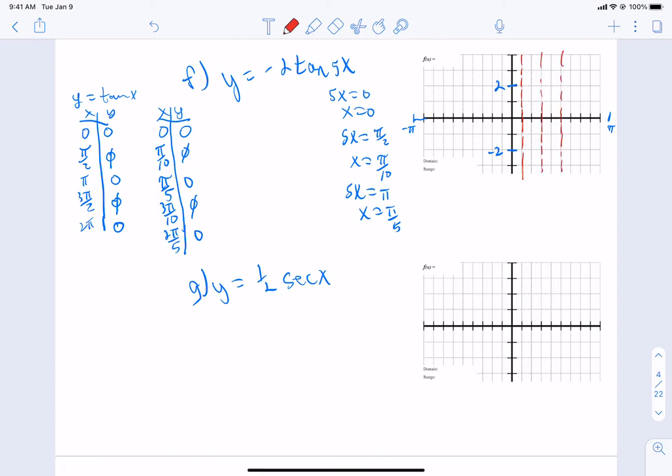There we go, if you were wondering. And then let's count to the left. And then put your zeros on in the middles. And remember, that's always going to be wherever your midline is or the middle of your graph. And since there's nothing added on, it's at 0.